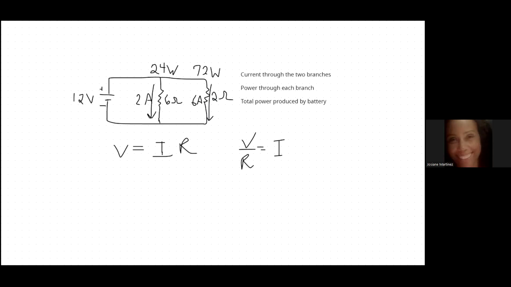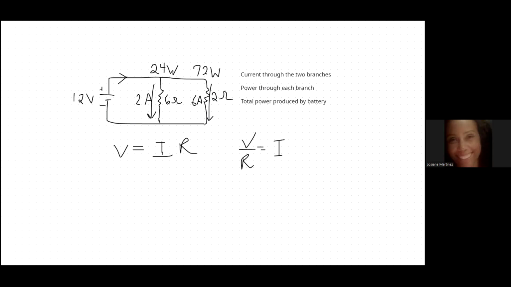Now, if I had multiple branches, the math is exactly the same for each branch. Now, the question I ask to you is, what is the total power produced by the battery? There are a few ways to do this, but right now I want you to think of Ohm's law, and I want you to think of a special relationship that we have in any circuit between the currents.